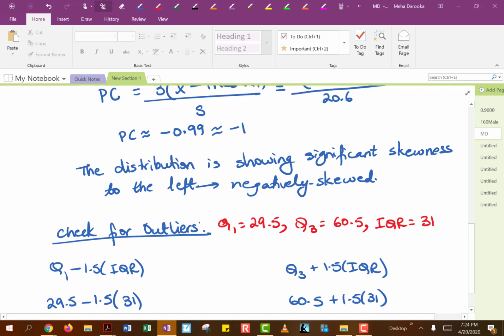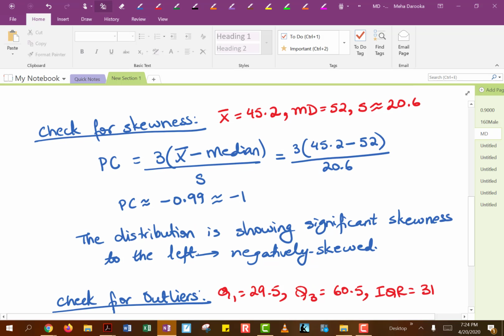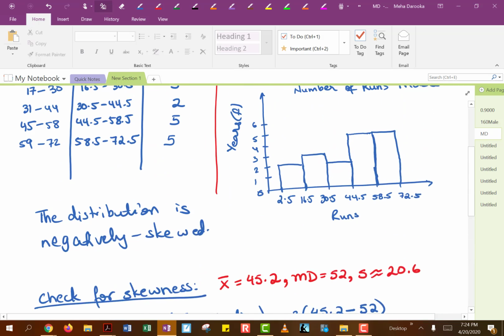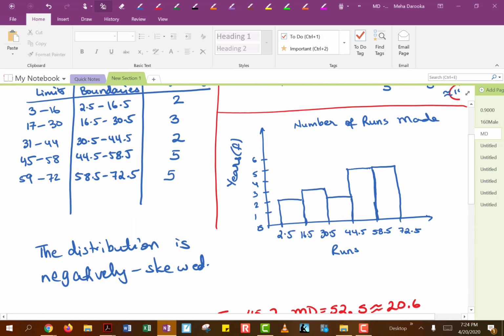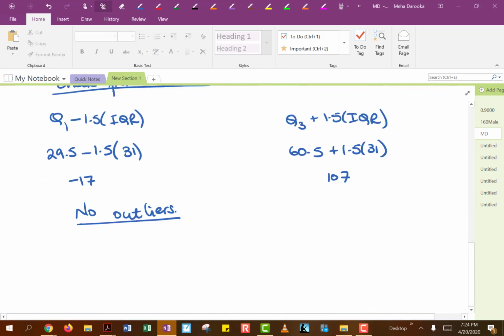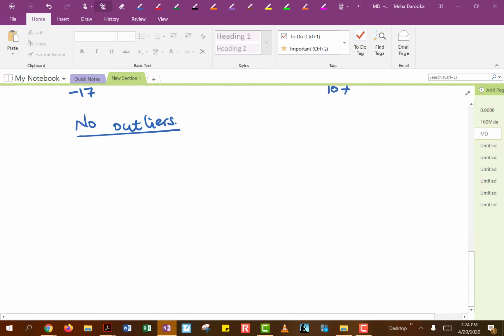So no outliers, but looking at our Pearson coefficient, we know there's a significant amount of skewness to the left, and just by looking at our histogram, we also knew that it was skewing towards the left, or basically negatively skewed.